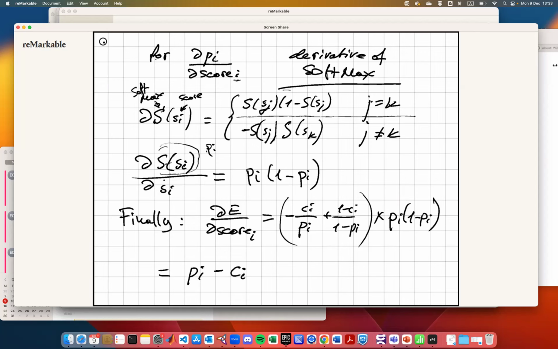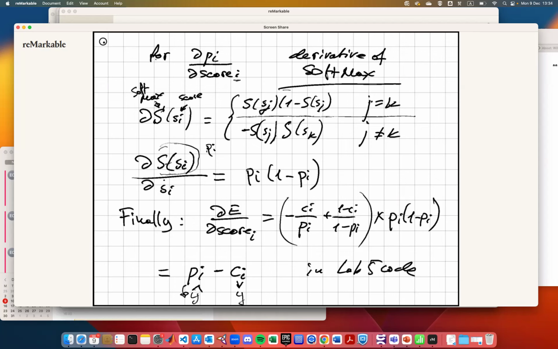Which, in the lab 5 code, this PI is y hat, and this one is y over here. So that's what you see there as part of the backprop procedure in the very first computation on the backprop path.